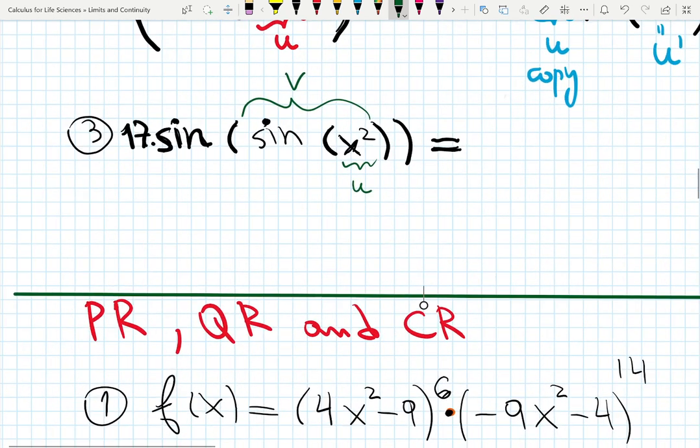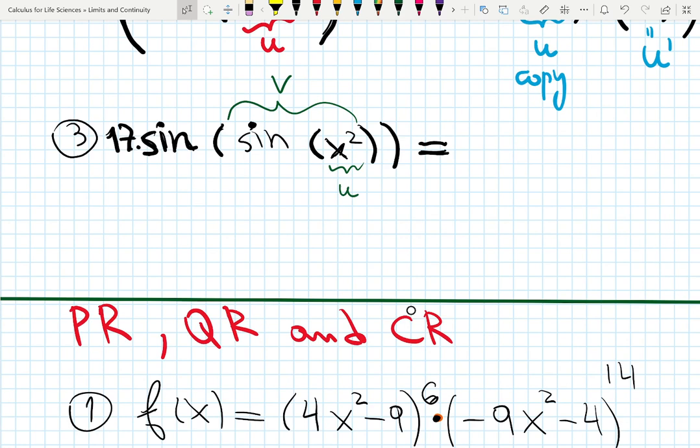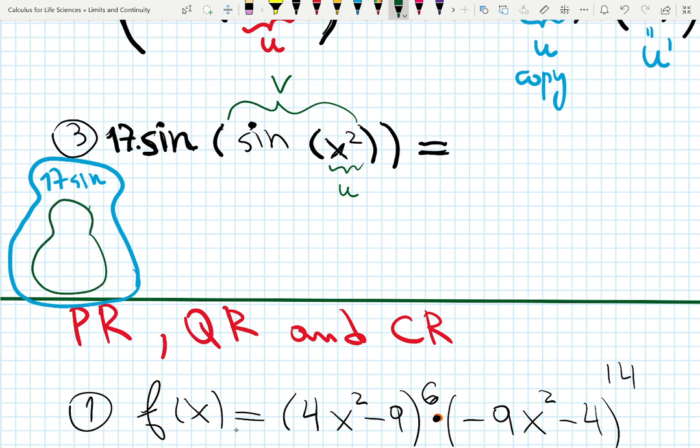So if I want to draw a sketch, and I do like using Russian dolls for sketches, the biggest Russian doll, that will be an ugly one, okay, ugly Russian doll. The biggest one is 17 sine. One step inside the Russian doll is sine.